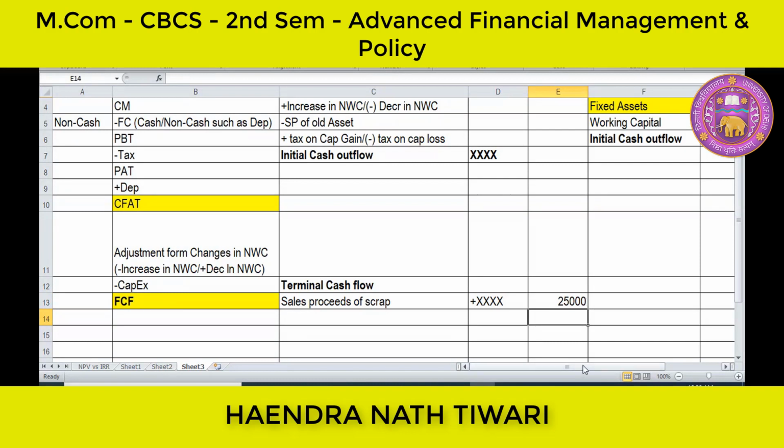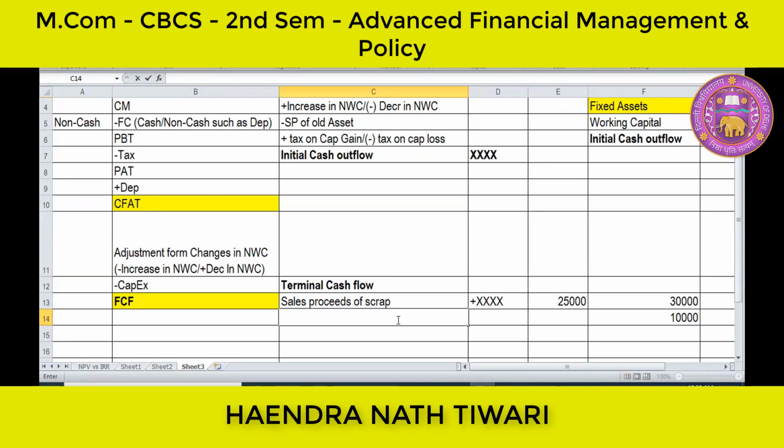Now when you go to sell it that year, it could be sold for 30,000. It could be sold for 10,000. So if it is sold for 30,000, there is a capital gain, and if it is sold for 10,000, there is a capital loss. Gain means cash outflow for tax, loss means cash inflow.